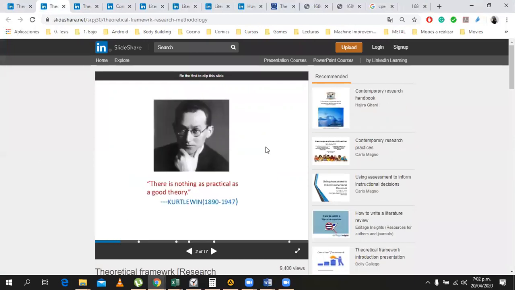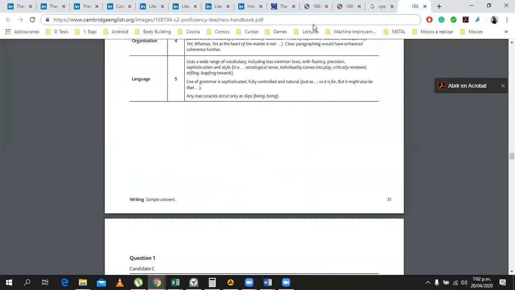Okay, it's kind of difficult, but well. So what I can tell you is to look for information maybe inside the Cambridge web page about C1.